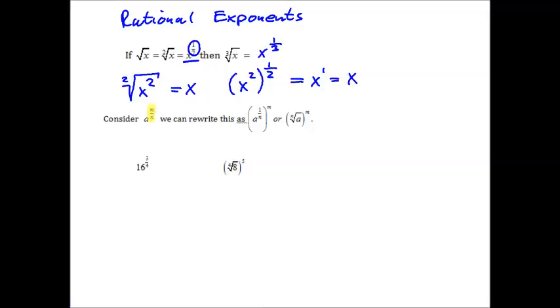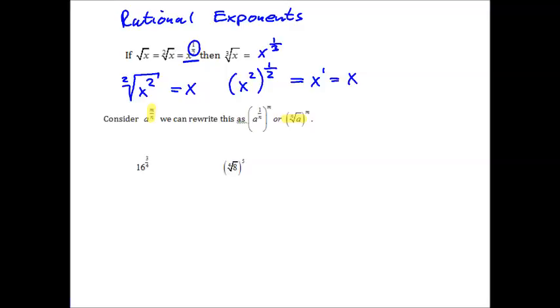We can rewrite that as a to the power of 1 over n, that is the radical part, raised to the power of m. We can also then completely write it as a radical expression, the nth root of a to the power of m. So we can go back between writing an expression as a radical expression or as an expression with a rational exponent.